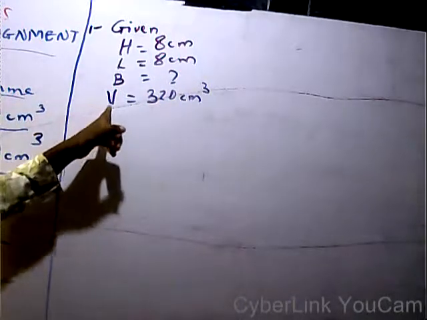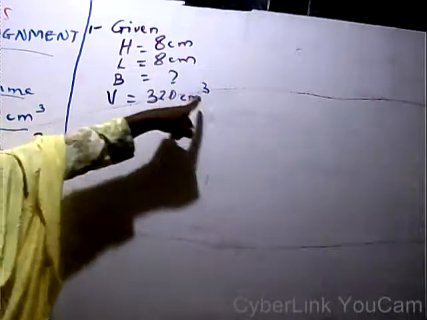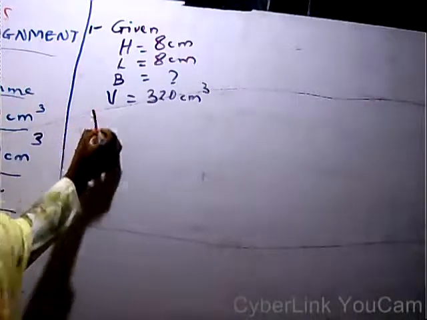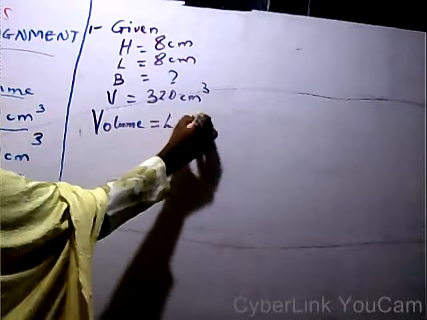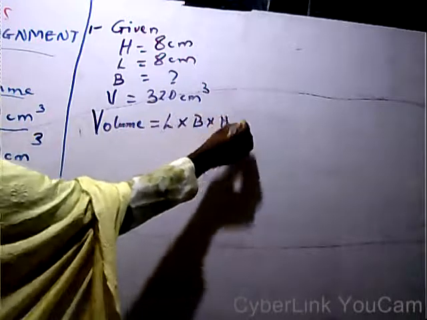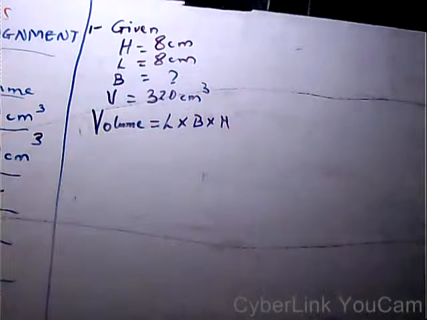Even without me writing V here, you should know that this one is volume because of the cube on our centimeter. Now, remember, the formula for finding the volume of a cube and a cuboid are the same, which is V, volume, equal to length times breadth times height, or length times base times height.